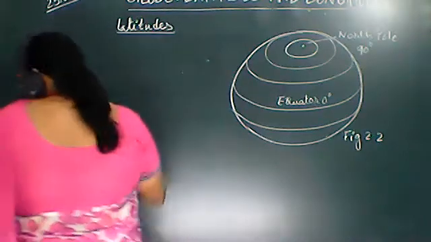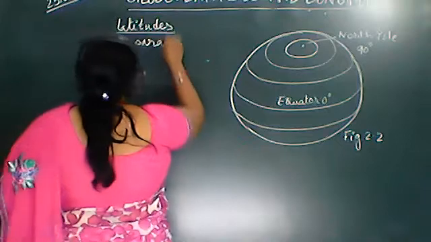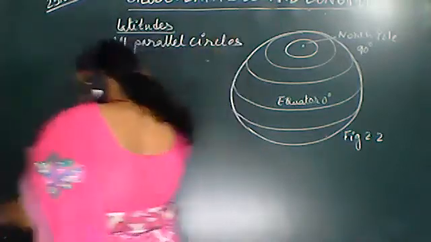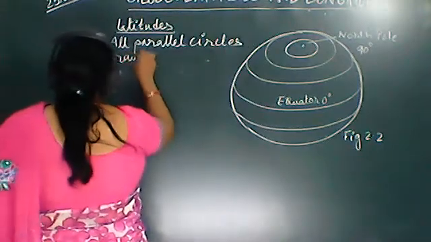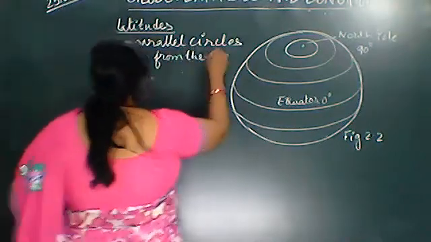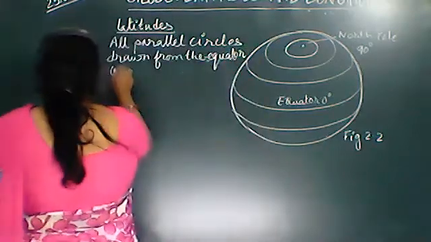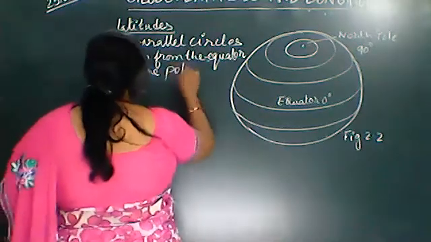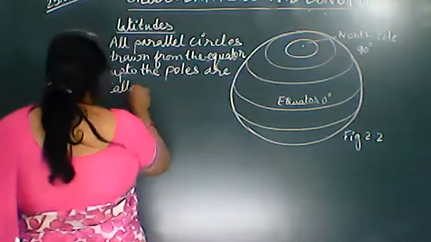All parallel circles drawn from the equator up to the poles are called parallels of latitude.